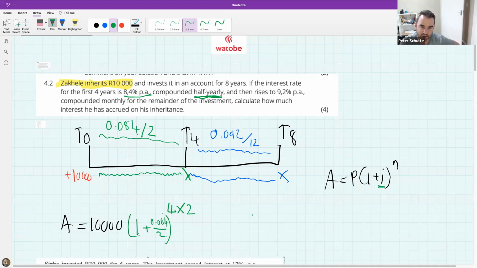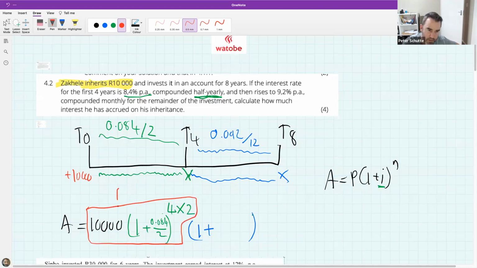Now, that amount of money is how much I have at the end of the 4th year. But in order to get to the end of the 8th year, I have to grow again. So I'm going to go 1 plus, and all I'm doing now is I'm really treating this first bit over here as a big p-value.